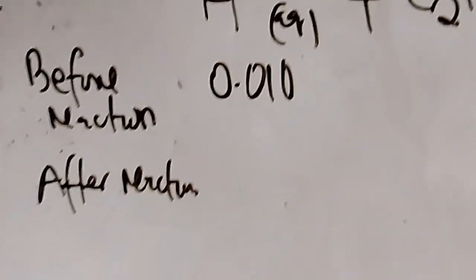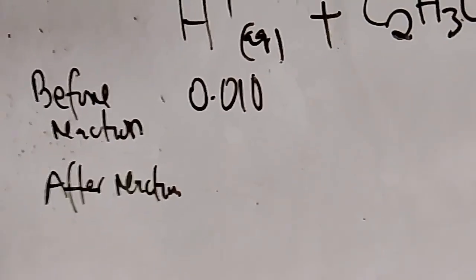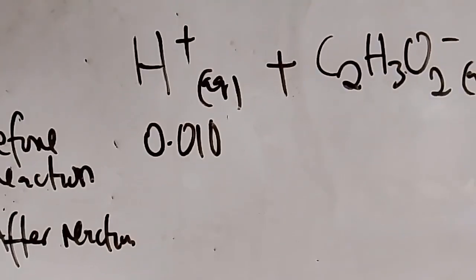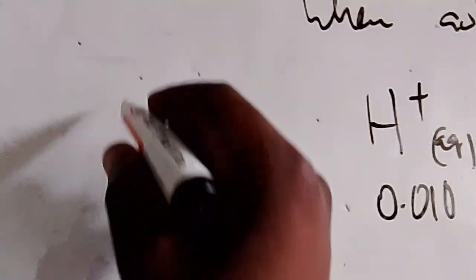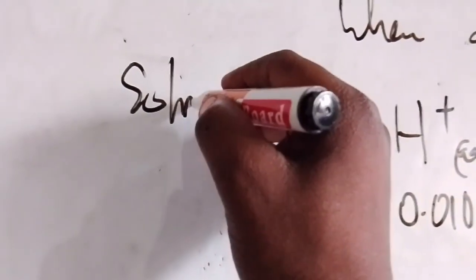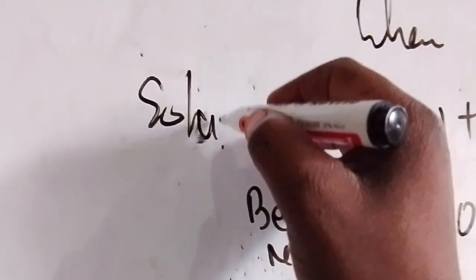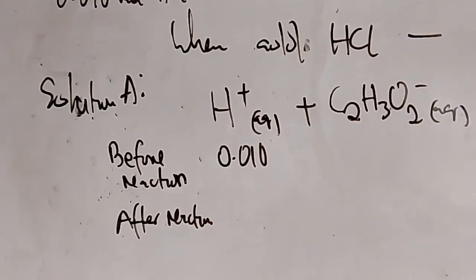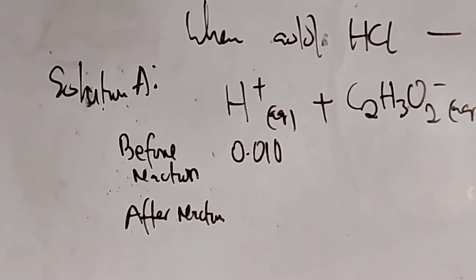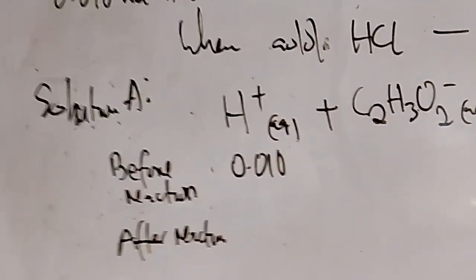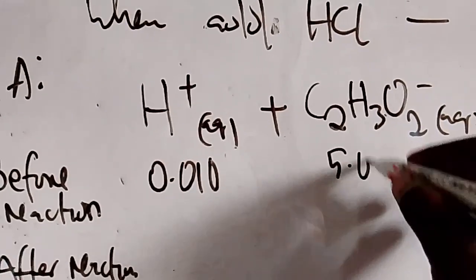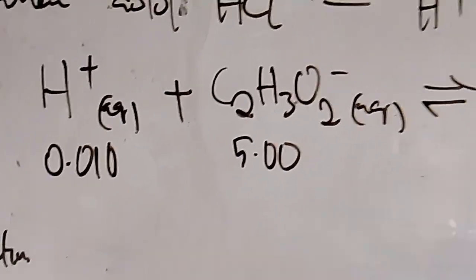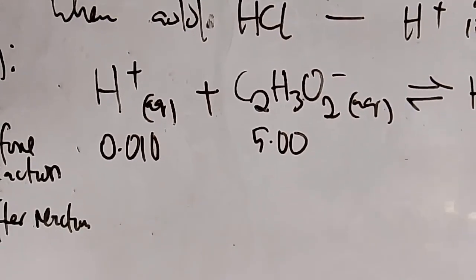Then for solution A, we are going to solve this question separately. We are solving now for solution A, the changes that will occur in solution A, then we'll compare with the changes that will occur in solution B. So for solution A, the initial concentration is 5.00 as well.